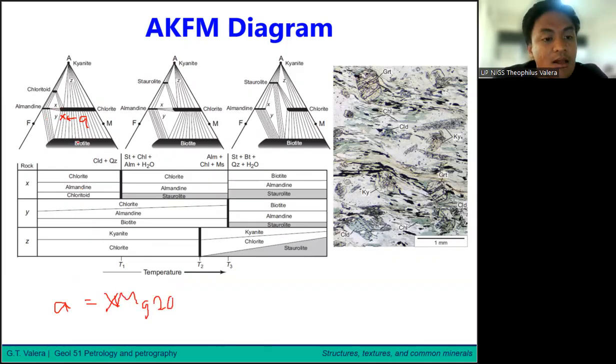Just an example. So initially, our bulk A, which is located here, XMg 20, based on the chemographic diagram, only has chlorite and biotite. But as temperature increases, our chlorite becomes more magnesian. This tie line is little by little disappearing. Okay? So, first stop, this one.